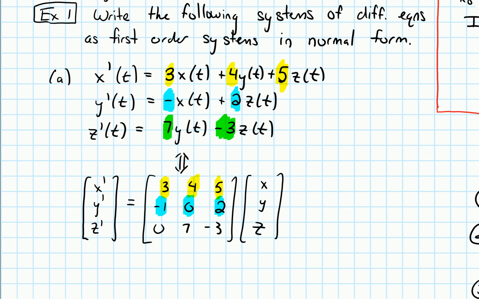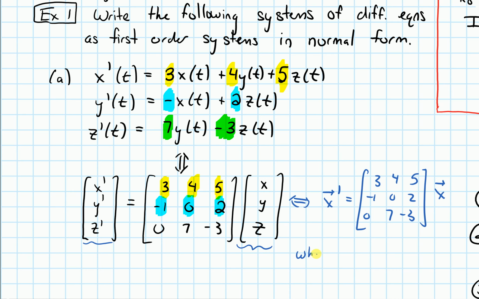Okay, and now let's write this in even more condensed format. So I'm going to call this whole thing just my vector, x with the vector on it. So what we have is x vector prime on the left-hand side, and that's equal to this matrix, 3, 4, 5, -1, 0, 2, 0, 7, -3, times the vector valued function x.